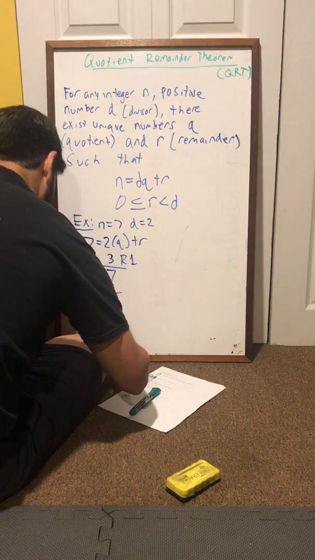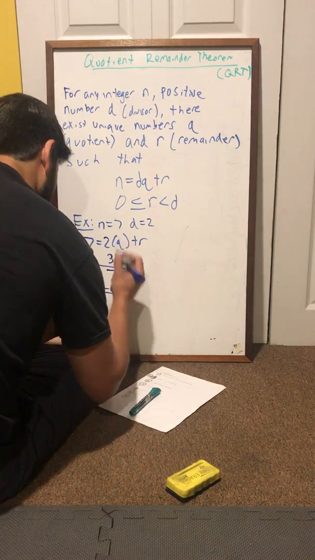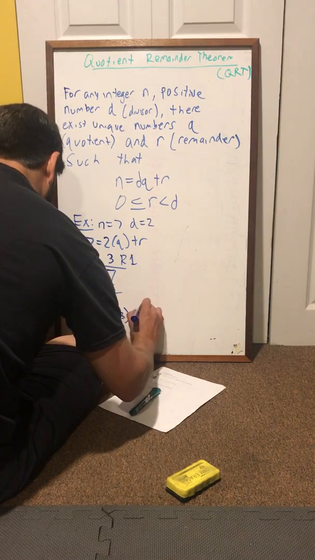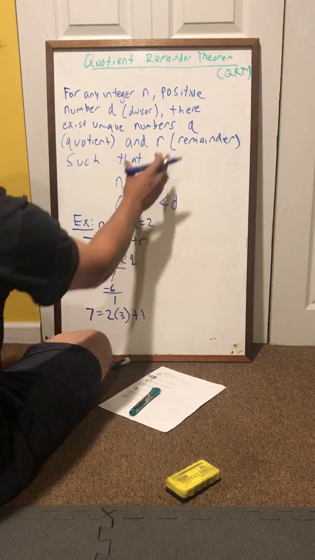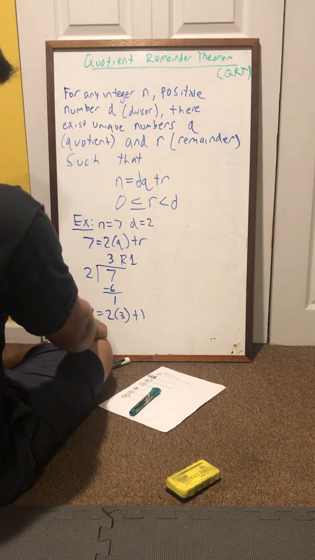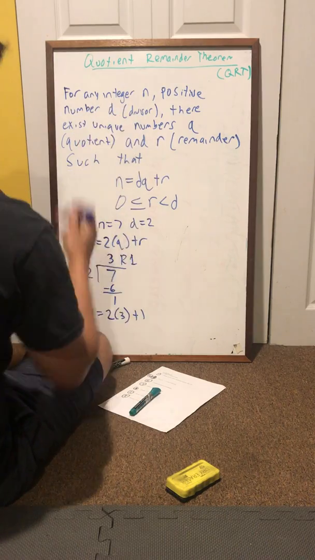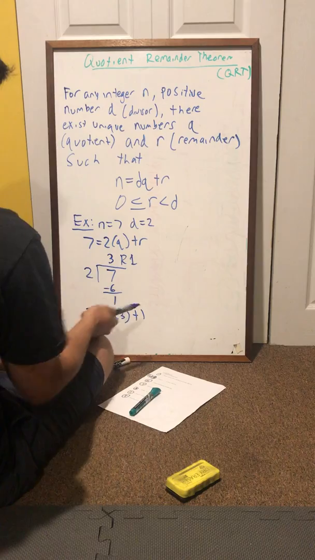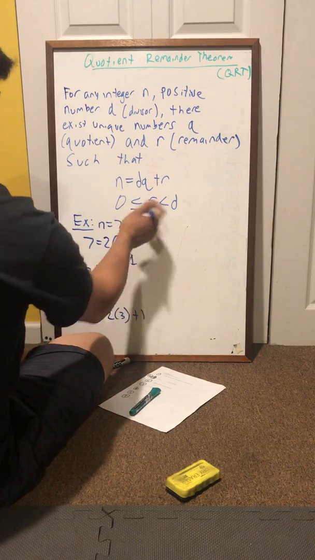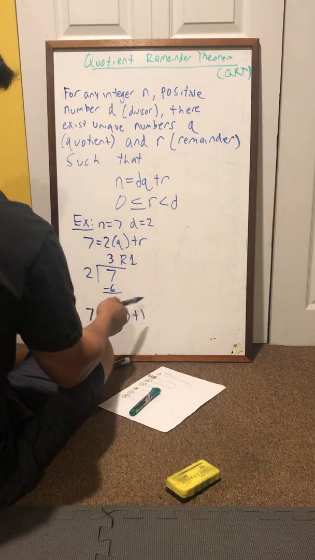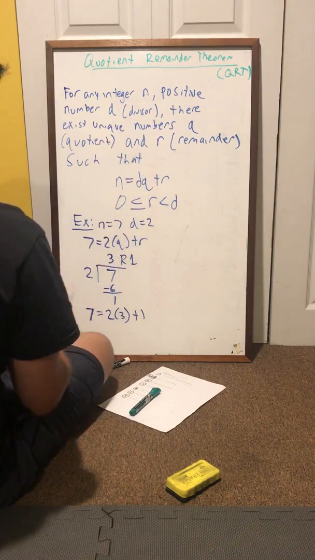So we're going to end by saying 7 equals 2 times 3 plus 1. And that follows all the rules that we have laid out here. n is an integer, 2 is a positive number, 3 is a unique number, and so is 1. 1 is greater than or equal to 0, and 1 is less than 2.